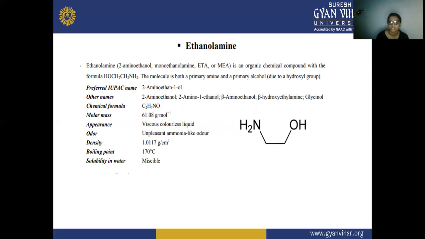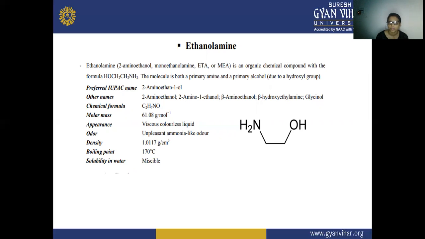So in the structure you can see a hydroxyl group attached to the CH2, and this shows that it is a primary alcohol and also a primary amine.